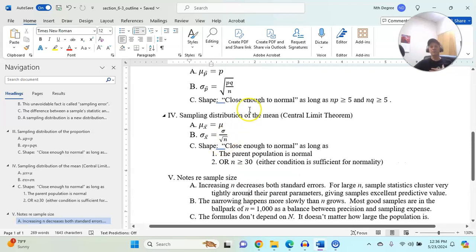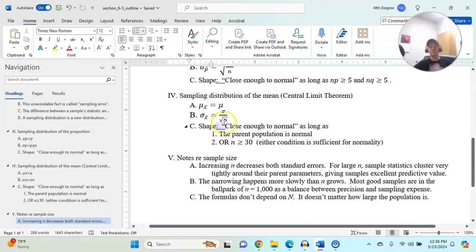Now, interestingly enough, there is a counter consideration, and that is that the narrowing happens more slowly than the sample size grows. The reason for that is because the bottom of the fraction is not n, it's the square root of n. The square root of n is a lot smaller than n itself, right? So for example, the square root of 100 is only 10.